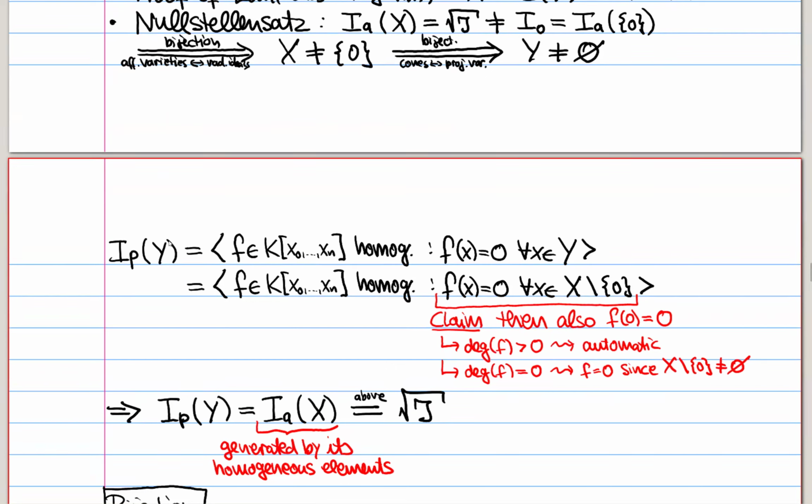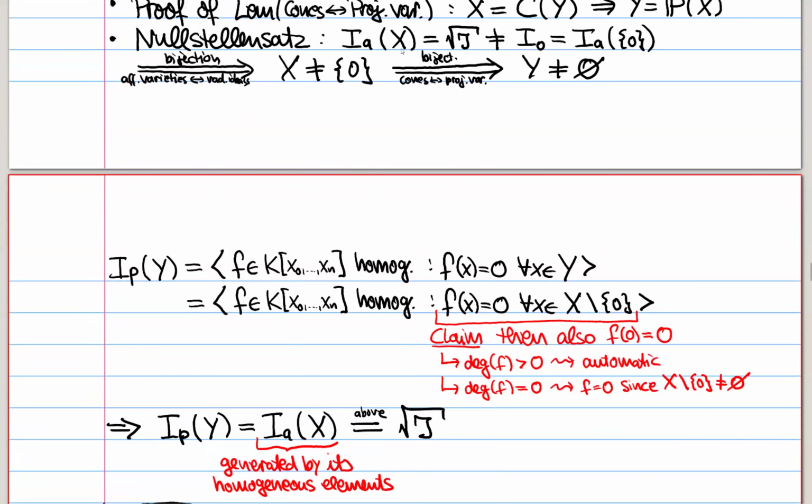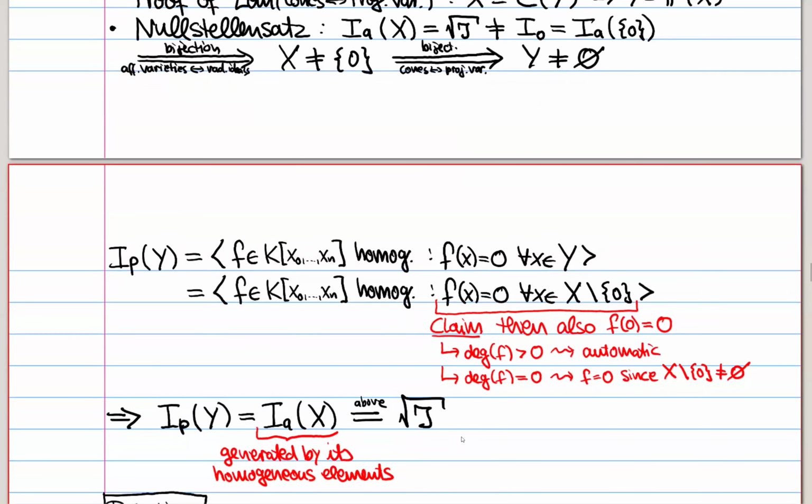And so this whole argument proves that IP of Y is equal to IA of X. But then we had seen IA of X is the radical of J. In fact, here we did prove the full equality, not just the inclusion after all. Okay, and so this finishes the first two parts.